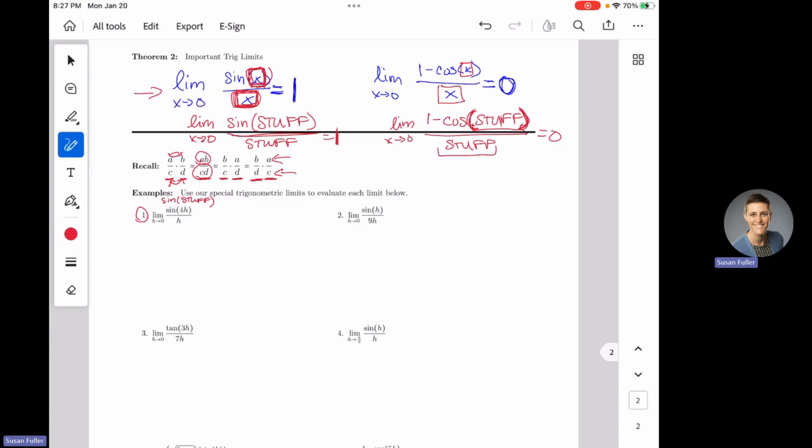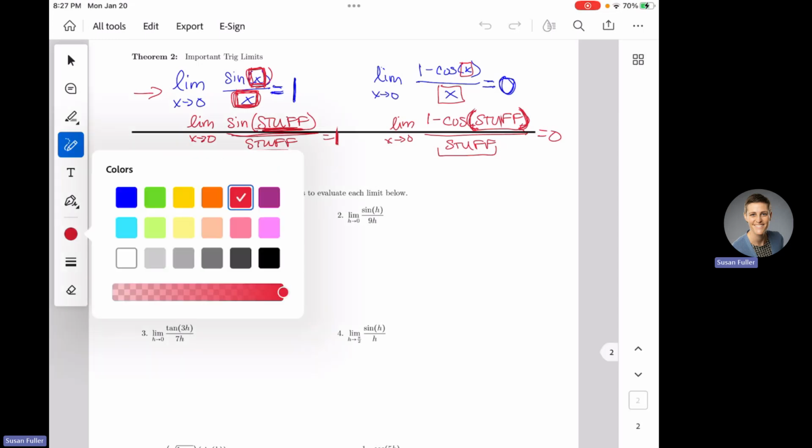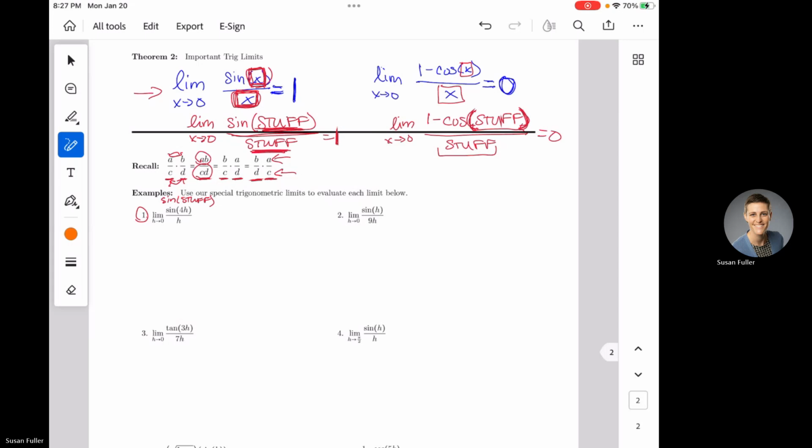And in order to use my gift, I need the stuff inside my sine function to match the stuff on the bottom in order to use this limit. But the problem is I don't have that same stuff on the bottom, right? I have just an h, but I have a 4h on top. In order to use my limit, I want a 4h down here.